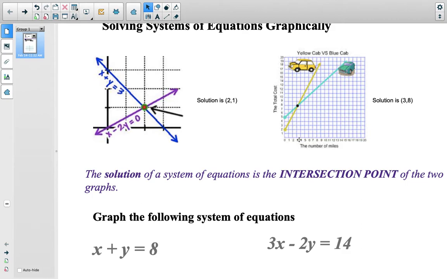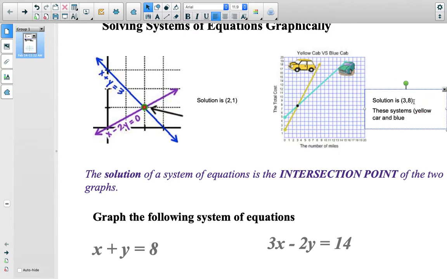So it says number of miles, so for these systems, yellow car and blue car spend the same amount of money, which is $8, let's say, on 3 miles of gas.